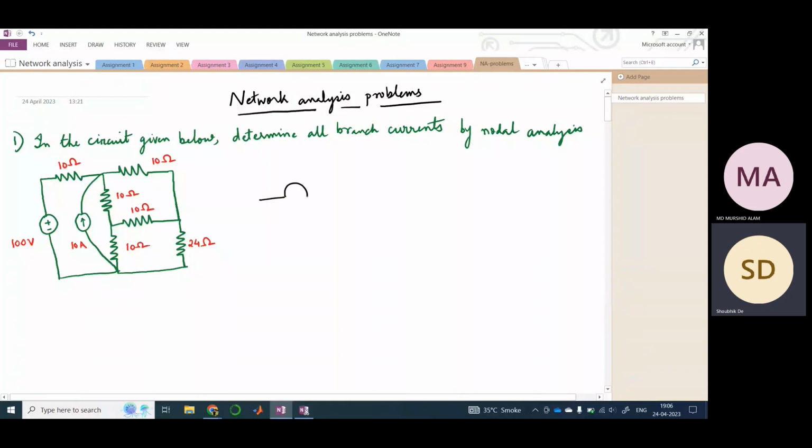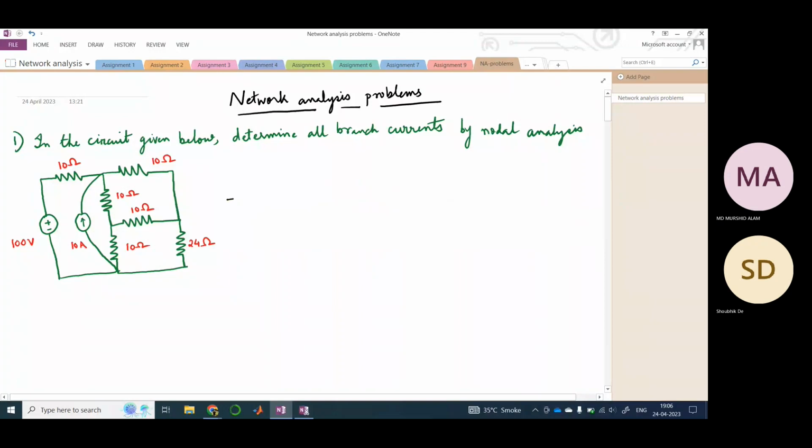As we saw, if there is a voltage source and a resistance connected like this, we can easily break this into these two components: this is a current source and this is the resistance. Here there is a 100-volt source and 10 ohm resistance, so we can apply the same thing here and simplify the circuit.